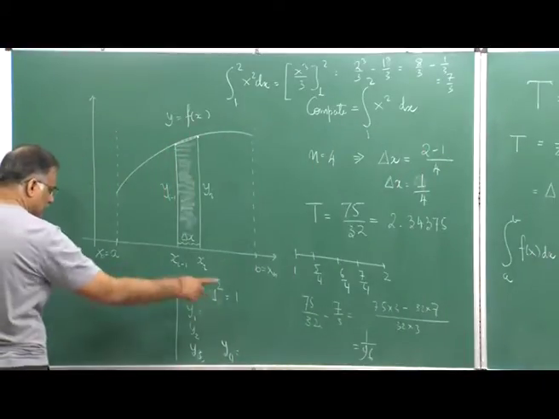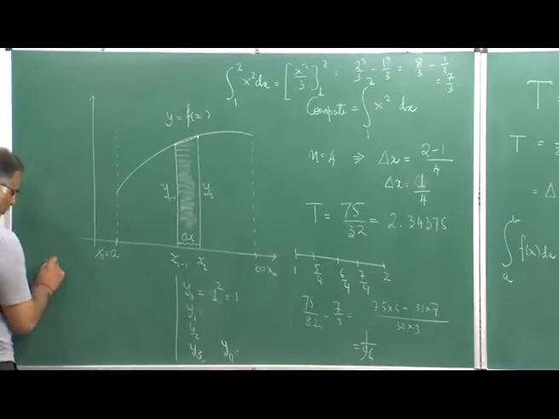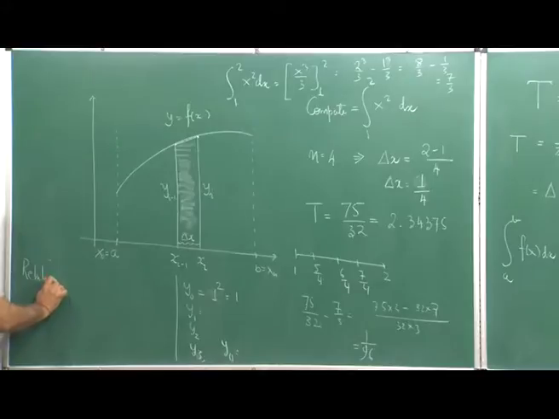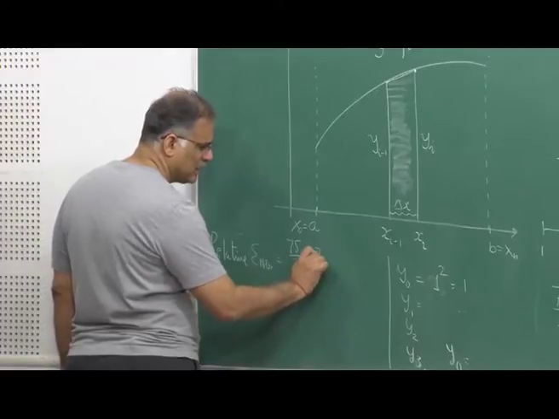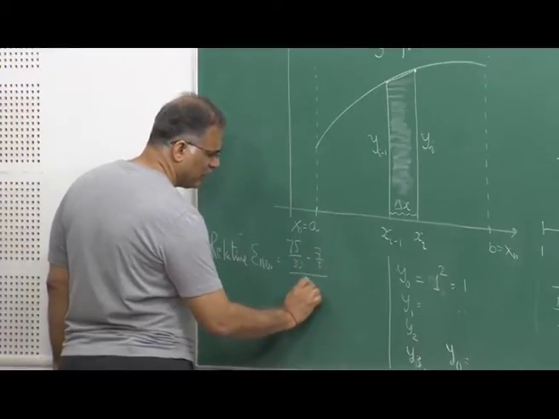And you see that this error, there is something called relative error. This is like a unitary method. Relative error means nothing but 75 by 32 minus 7 by 3 divided by 7 by 3.